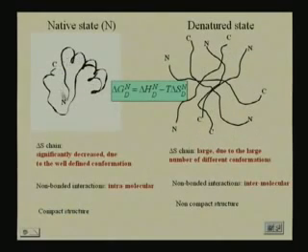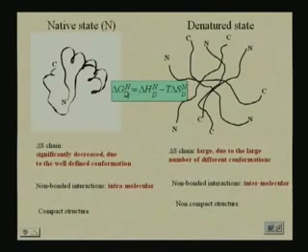So what do we have in the native state? We have a compact structure, intramolecular non-bonded interactions, and the entropy significantly decreased because of the well-ordered conformation. For the denatured state, what are the features that we have? We have a non-compact structure, we have intermolecular non-bonded interactions, we have a large delta S due to the large number of different conformations.